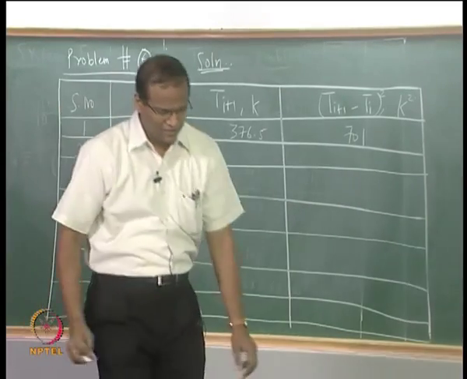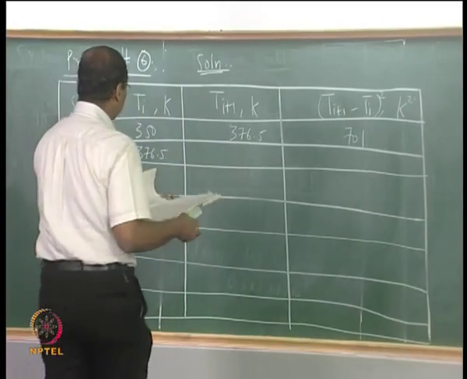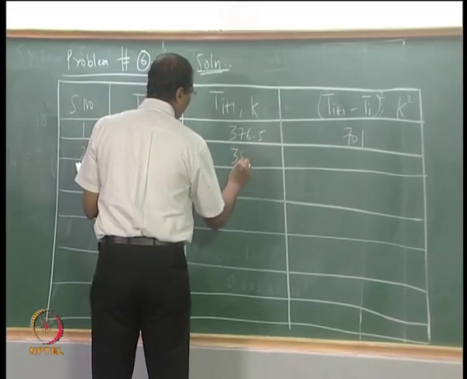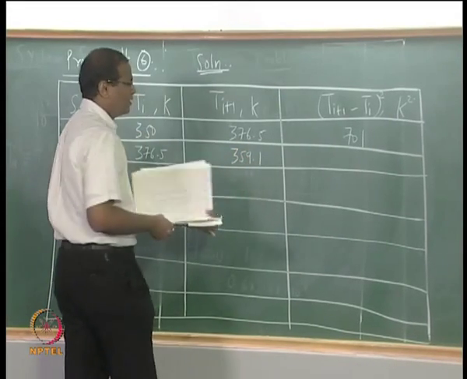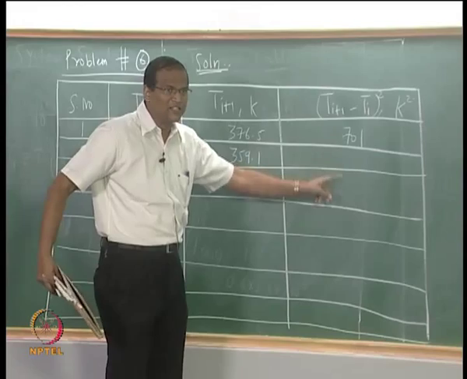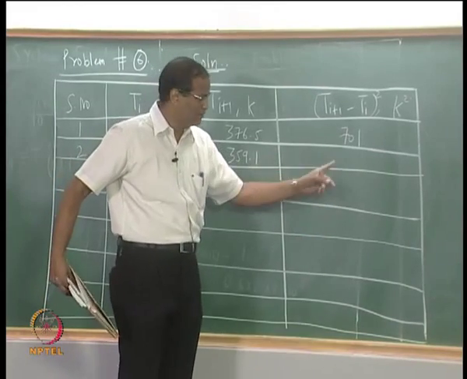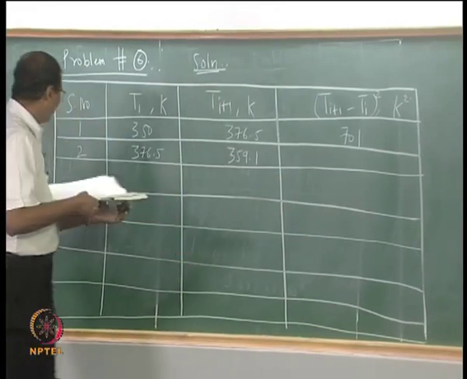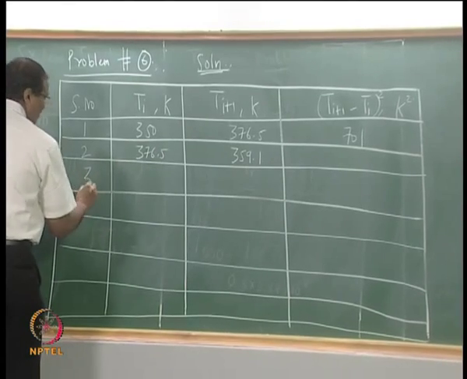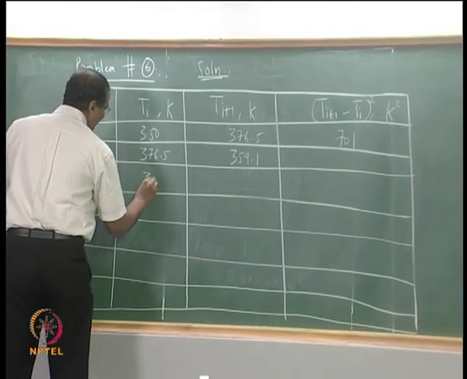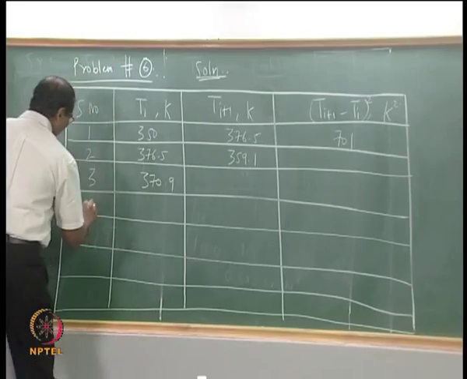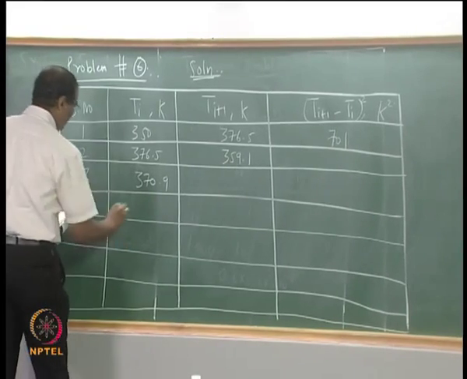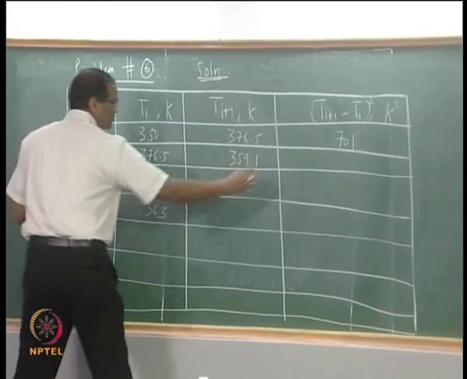I worked it out last night, so I have the numbers: 359.1. I am allowed not to write this now because I am the teacher, but you have to. I know it is not converging. 359. Don't feel lazy, you have to fill up all this.